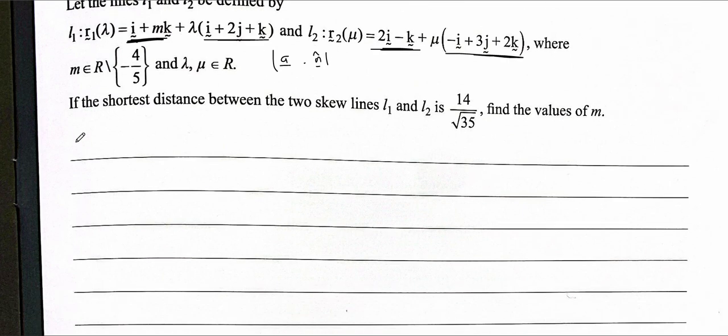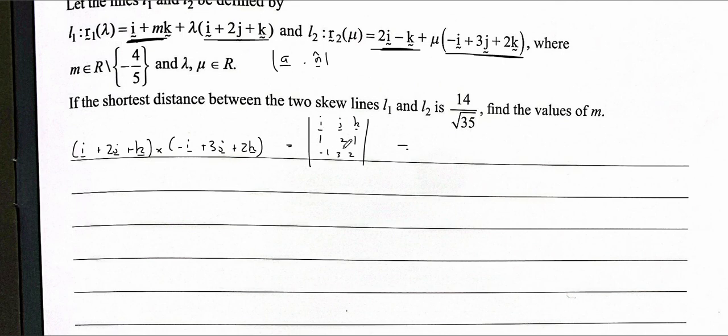Okay, so let's find the cross product here. i plus 2j plus k cross product of negative i plus 3j plus 2k is equal to the determinant of i, j, k, 1, 2, 1, negative 1, 3, 2.